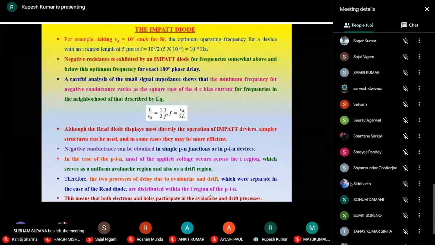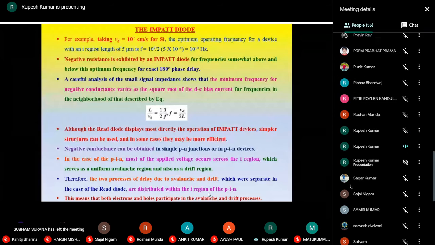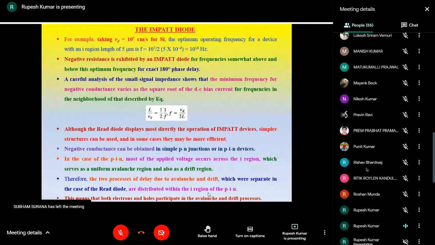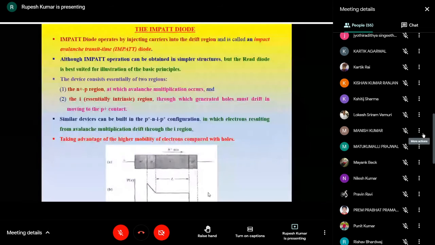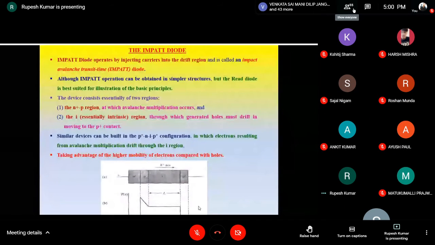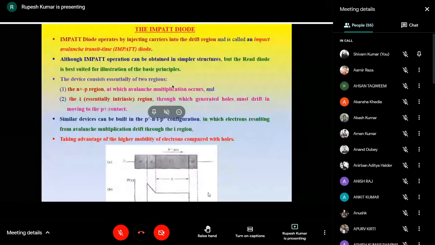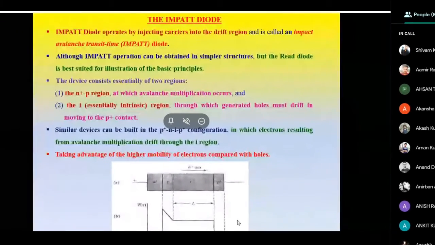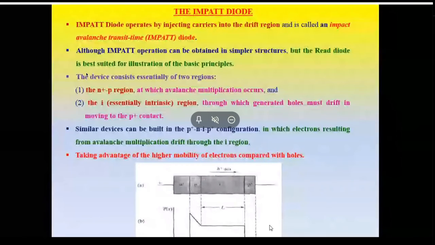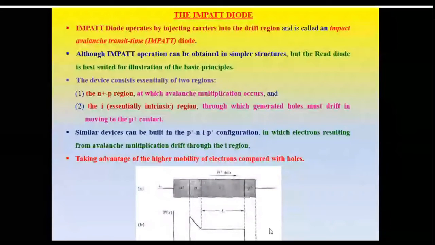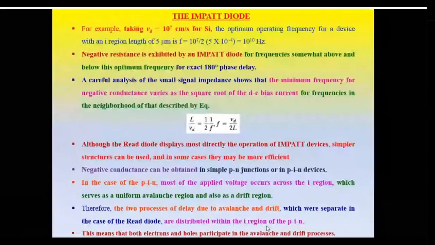As explained in the first slide, similar devices can be built in a P plus N I P plus configuration in which electrons result from avalanches. So remember, that's it for the impact diode.